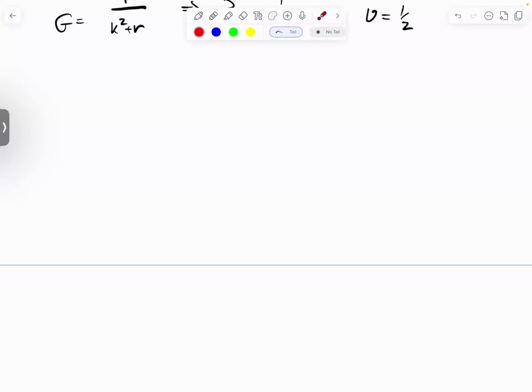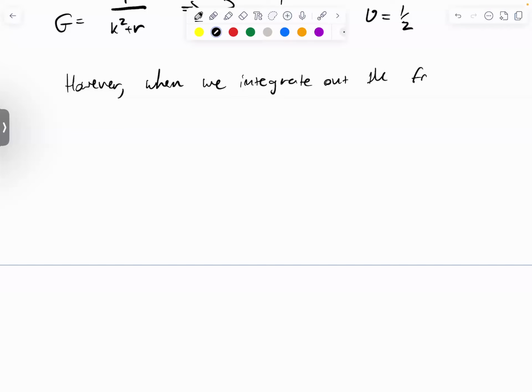Now let's do the next step of RG, which is actually the first step of RG. Okay, so like you said, when we integrate out the fast modes in step 1, we generate additional terms.